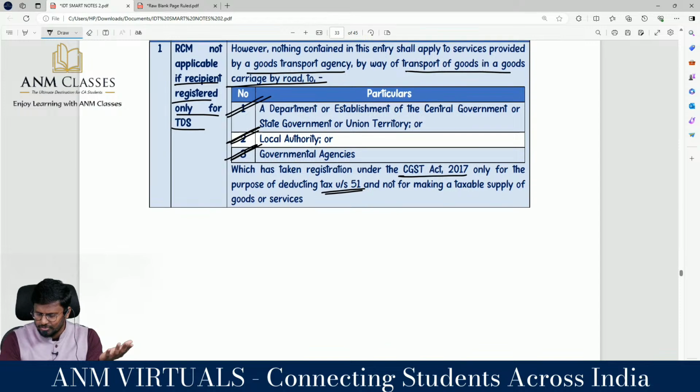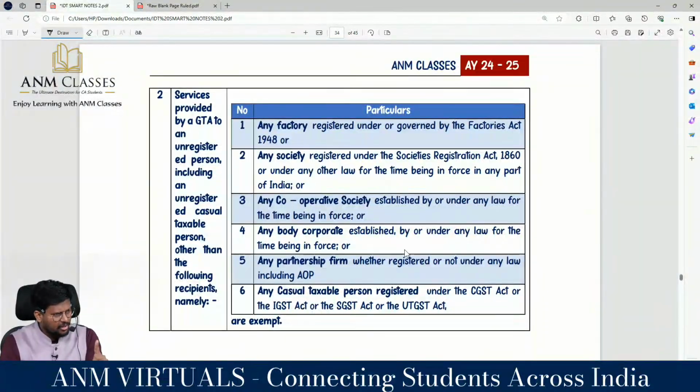So the first exemption covered under section 11 is if the service provider is GTA and the service recipient has taken registration only for the purpose of deducting TDS. It is exempt from GST.